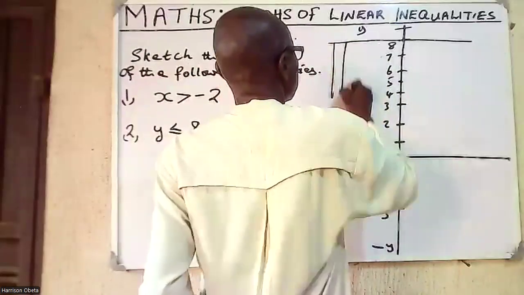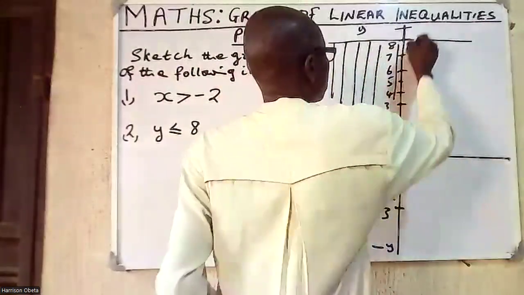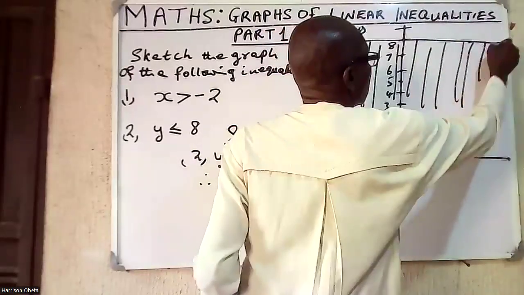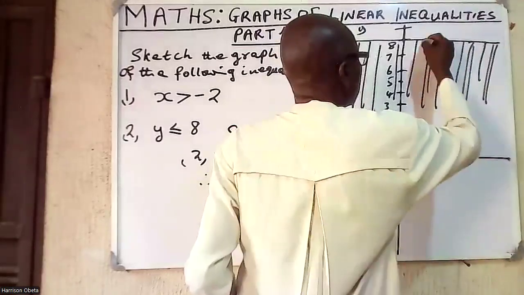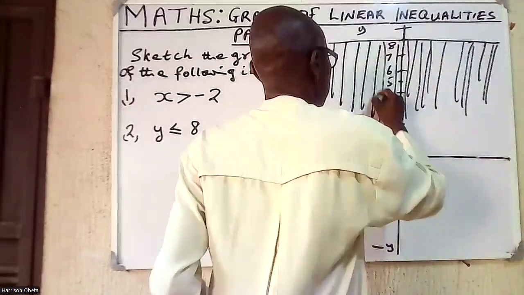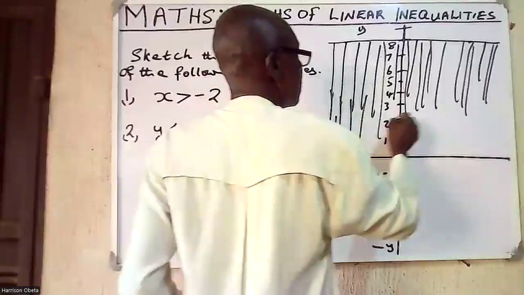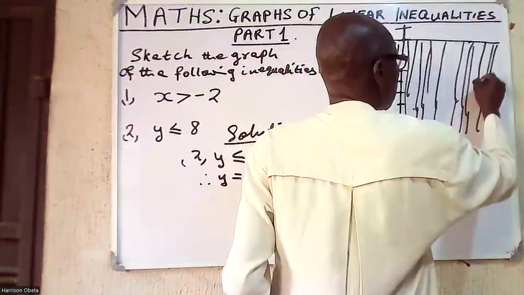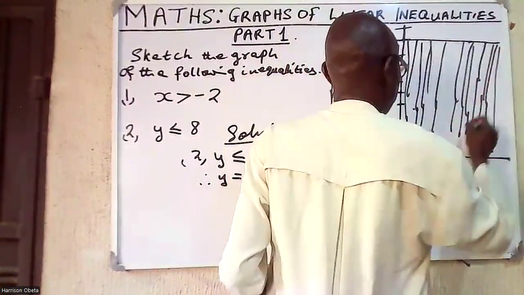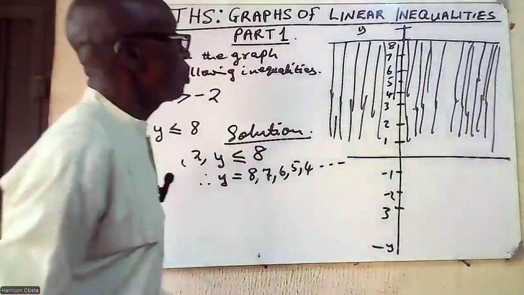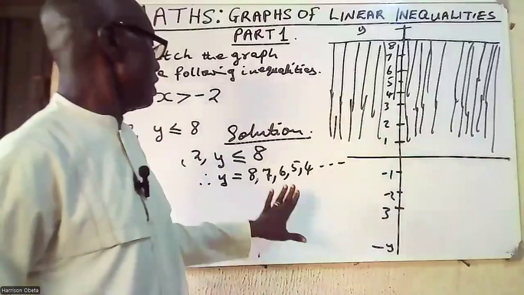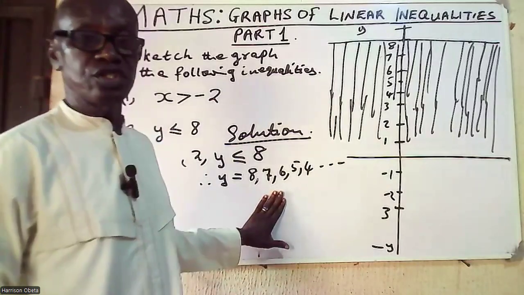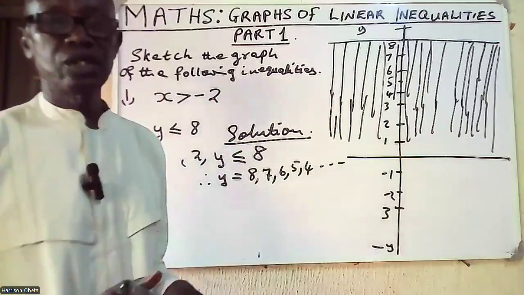So this is the area you are talking about. And so on. So this is the area containing the values along y-axis. And that is the solution to question number 2.